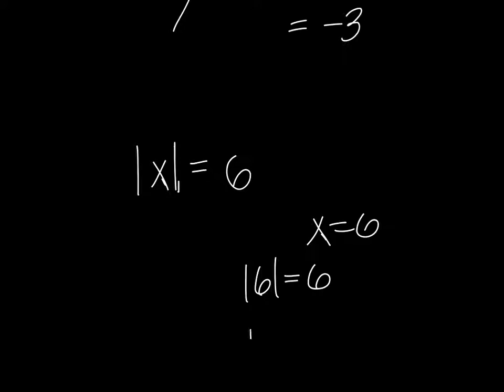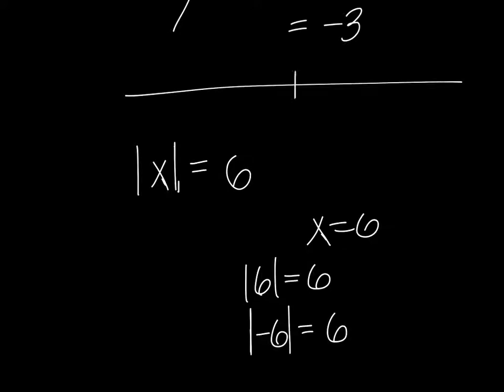But you also have to remember that you could also take -6, the absolute value of -6, and get a positive 6. Because remember, we're on that number line, and a positive 6 is 6 away from 0, right? But so is -6. That's also 6 away from 0. And so you get 2 answers here.